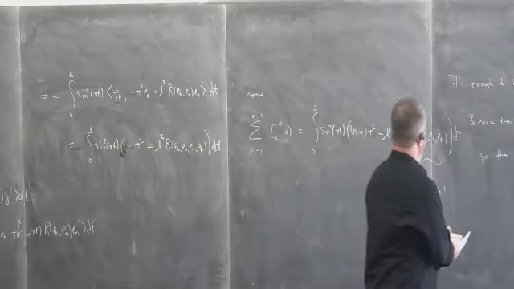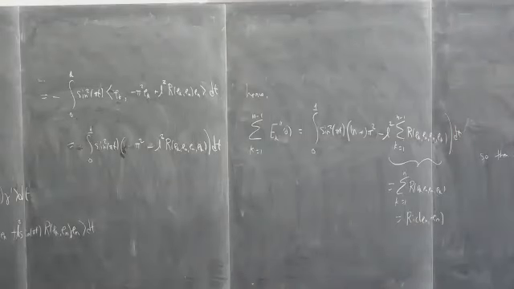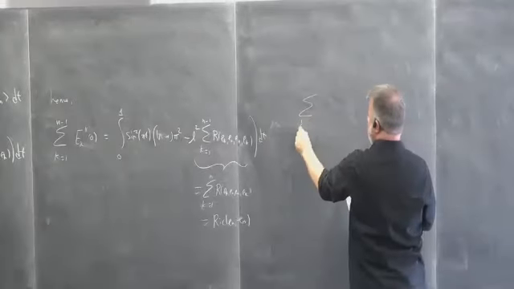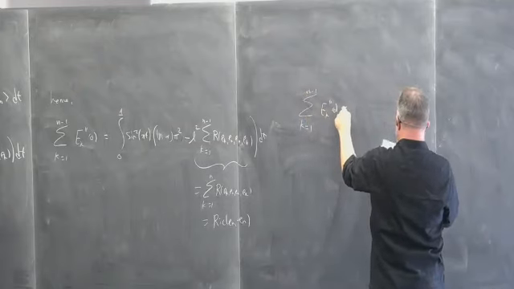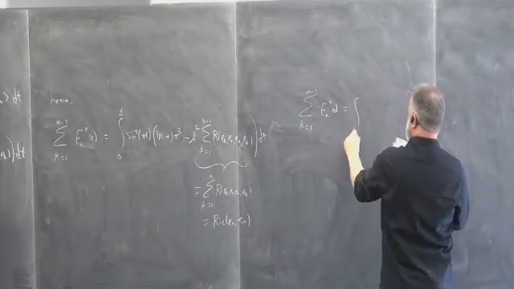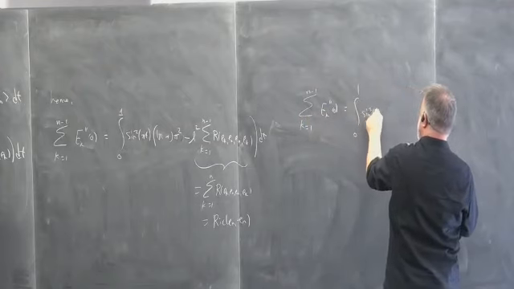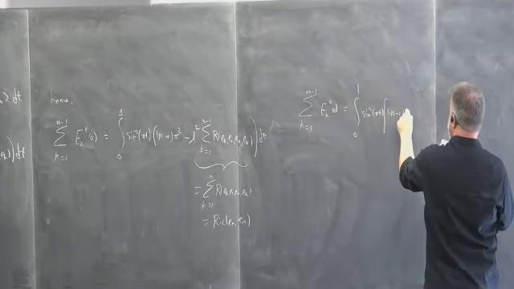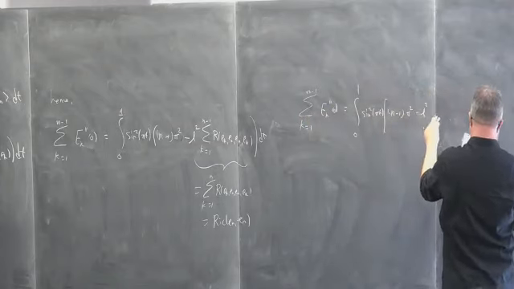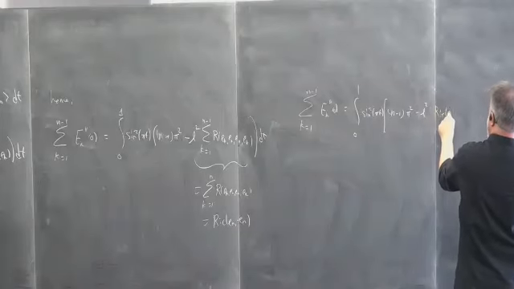Okay, so that means that what we have is that the sum from k equals 1 up to n minus 1 of Ek double prime of 0 is equal to the integral from 0 to 1 of sine squared pi t times n minus 1 pi squared minus L squared Ricci of En, En.